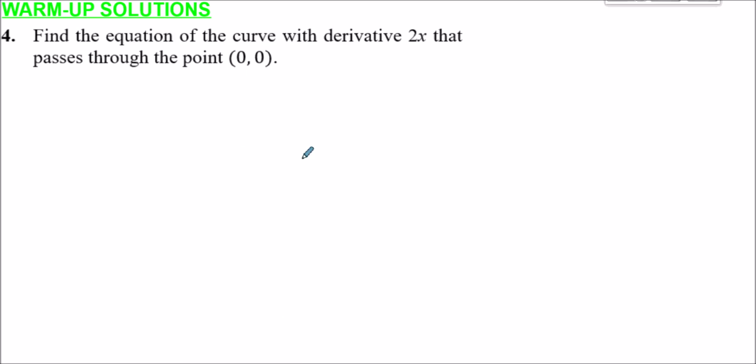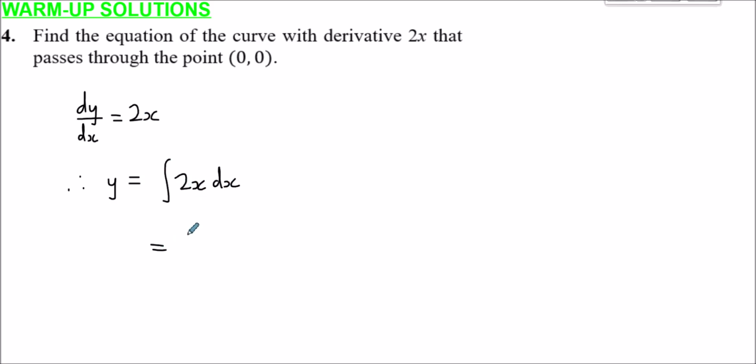Finally, question 4, find the equation of the curve with derivative 2x that passes through the point 0, 0. And so we know that the derivative, dy by dx, is 2x. So therefore we can find y by integrating this with respect to x.